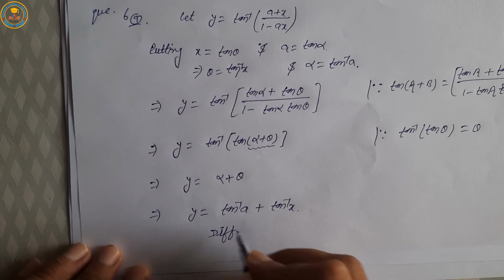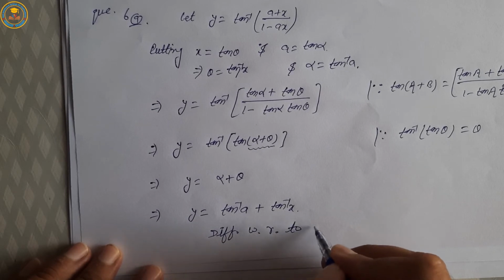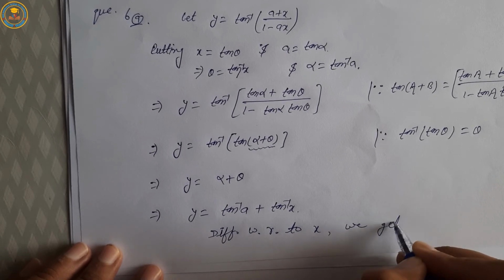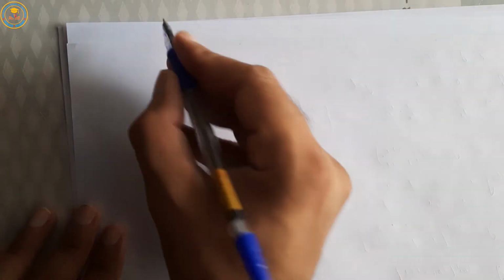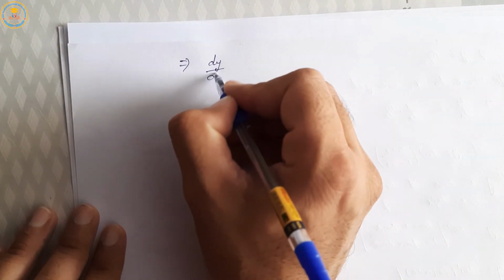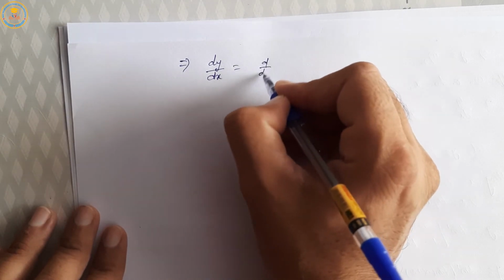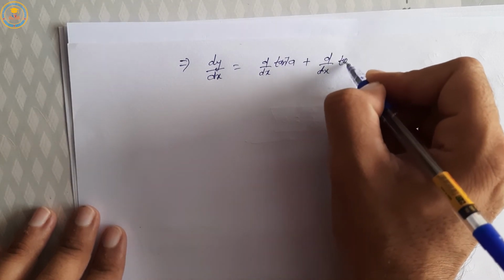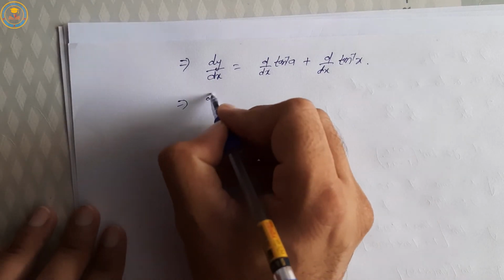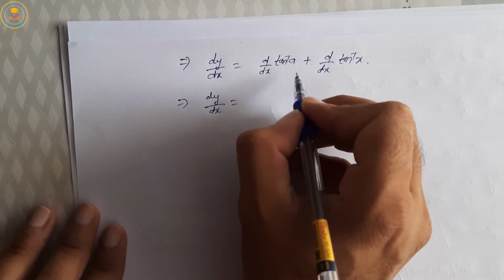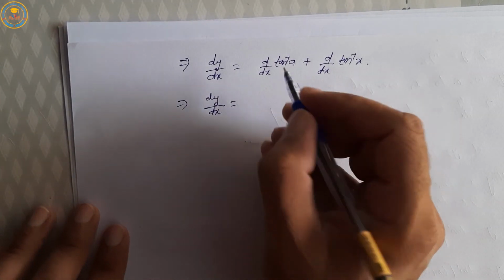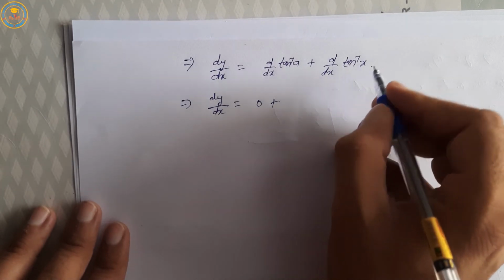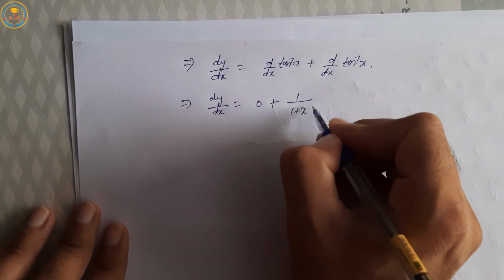Differentiating with respect to x, we get dy by dx is equal to d/dx of tan inverse a plus d/dx of tan inverse x. Since tan inverse a is a constant, its derivative is 0, plus the derivative of tan inverse x, which is 1 upon 1 plus x square.